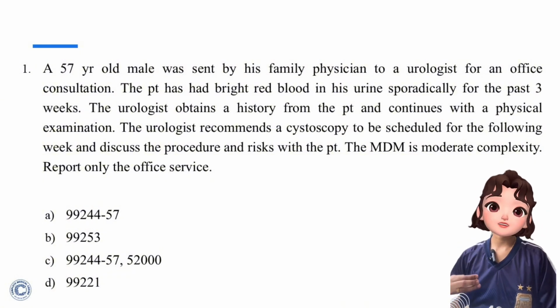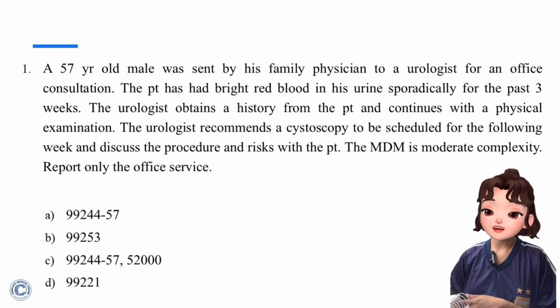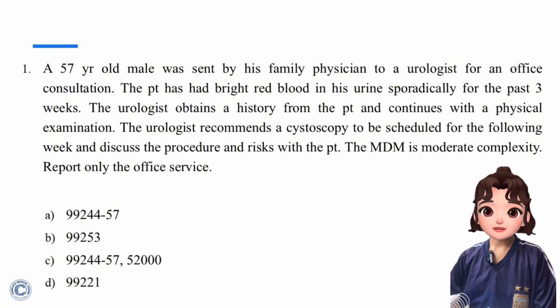Here the urologist is going to do a cystoscopy, scheduled for the next week, which is a surgical procedure. So if any E&M service related to that surgical procedure is carried out prior to it, then you have to append modifier 57. That's why modifier 57 is marked here.